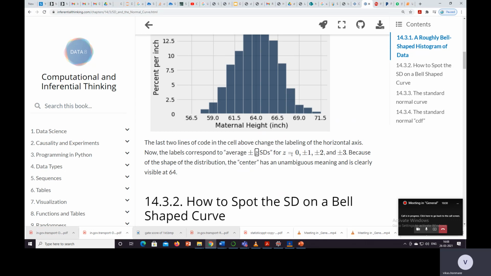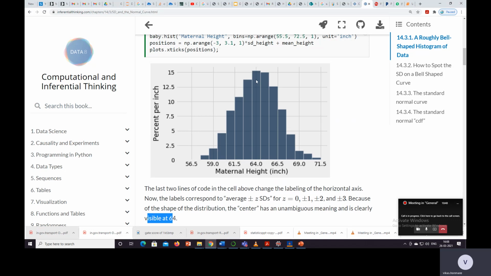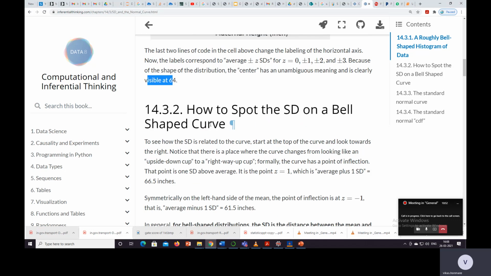Okay, so z is 0, plus minus 1, plus minus 2, plus minus 3. Because of the shape of the distribution, the center has an unambiguous meaning and is clearly visible at 64. You can see that it is a clear shape and the middle value is 64. That is the mean. Okay.